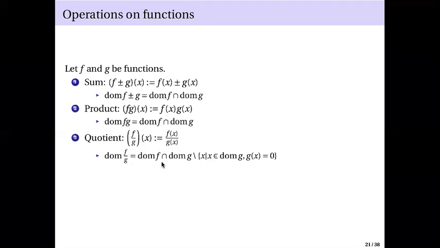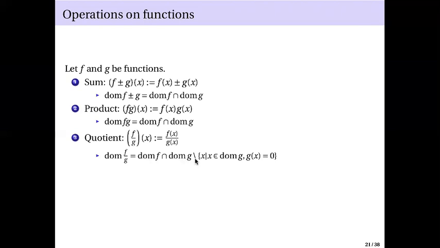Now, look at the domain of this quotient. The domain of f over g is the set obtained by getting the intersection of the domain of f and the domain of g.